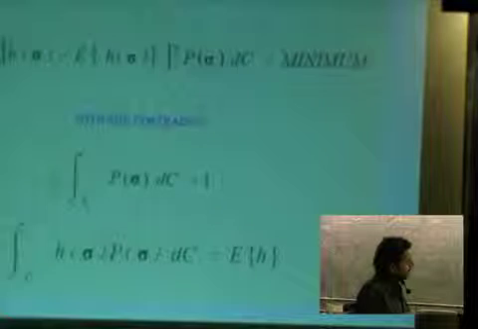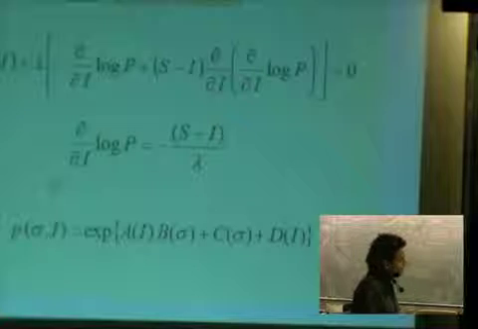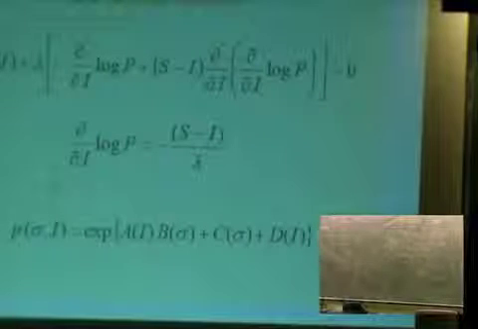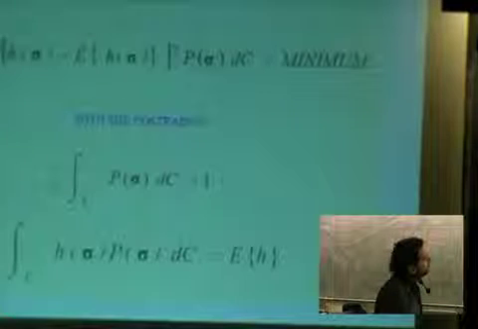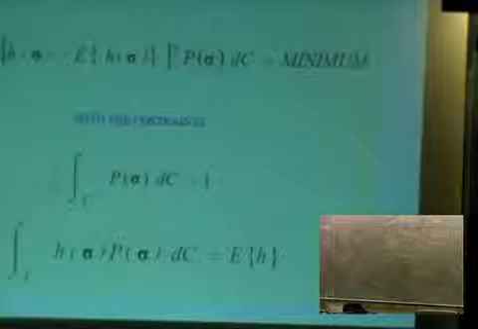Which is the optimal distribution? I would like to show you, you want to look at the face of this function. It's this one. So this is the variational problem that we want to solve. This is the problem.